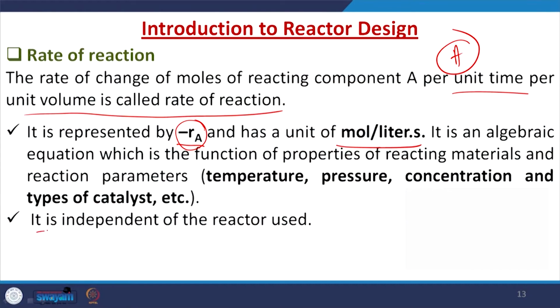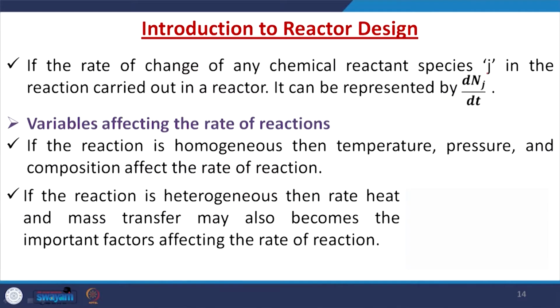This is independent of the reactor used, but it is a very important factor for reactor design. So you cannot overlook the importance of either reactor or reactor design. Now if the rate of change of any chemical reactant, say J, in the reaction carried out in a reactor is considered, it can be represented as dNJ by dt.